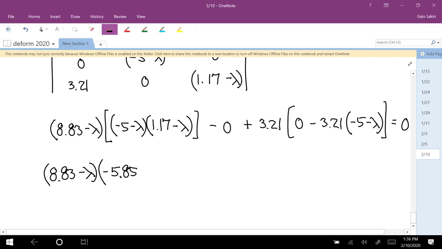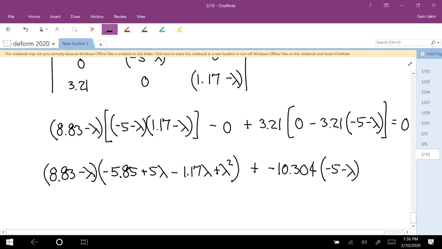Negative 5.85, and then plus 5 lambda minus 1.17 lambda plus lambda squared, and then what's 3.21 squared? Okay, so negative 10.304 times negative 5 minus lambda, and this is all equal to 0.